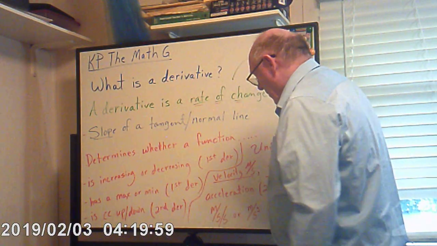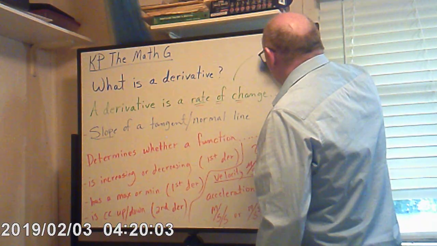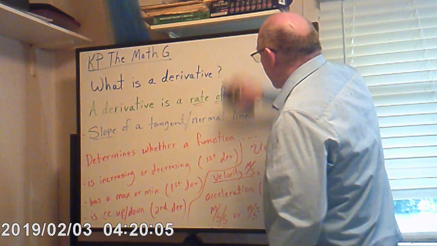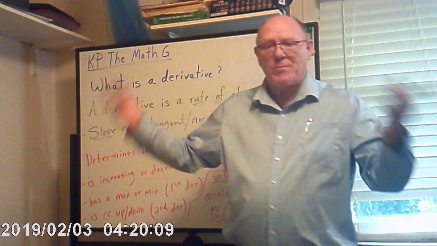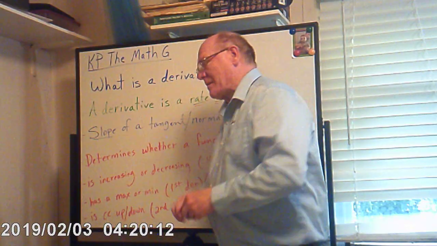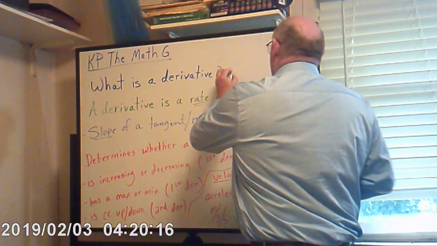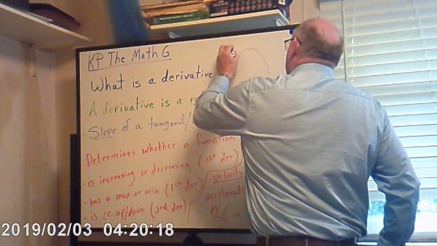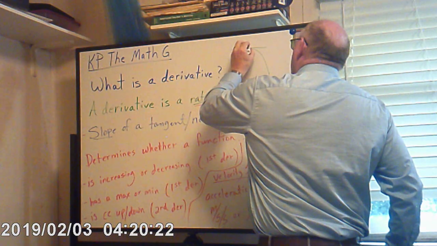Then we get into whether a function has a max or min. We say relative or absolute, but I don't want to get into that. A max would look like this, and of course the slope is 0.